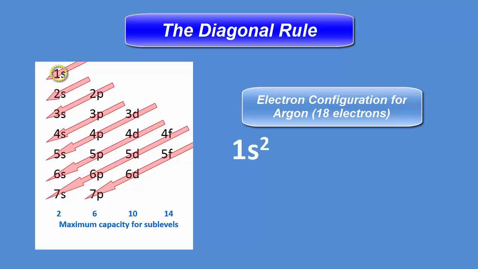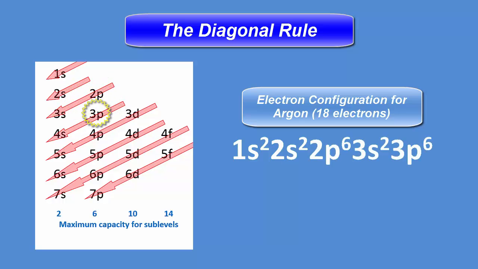And as you pass or encounter a sublevel, you fill that sublevel into its maximum capacity. When you reach the head end of an arrow, you simply circle back to the next arrow, the tail end of it, and you continue serpentining your way down through the diagonal rule until you have distributed all the electrons.